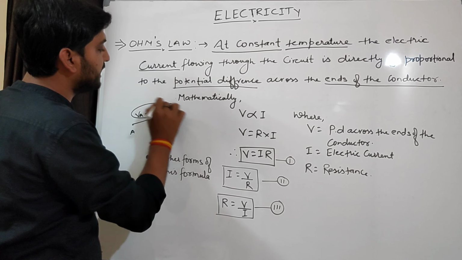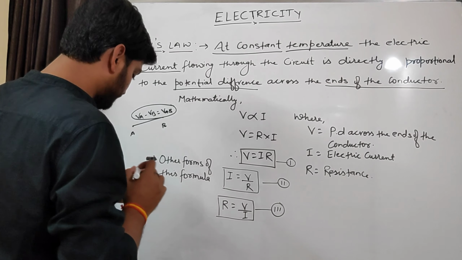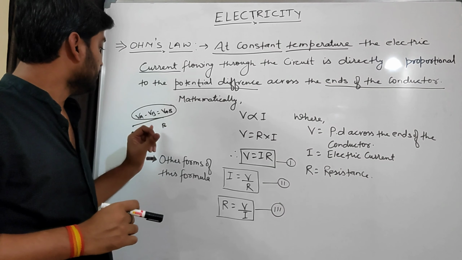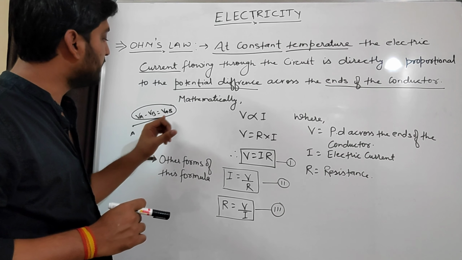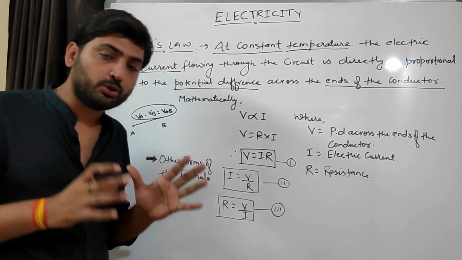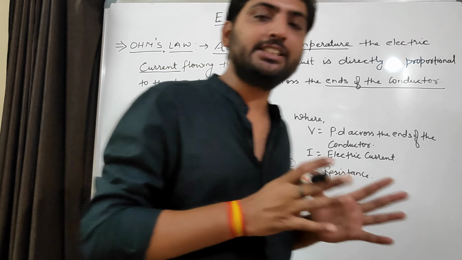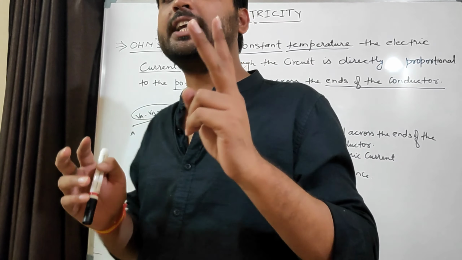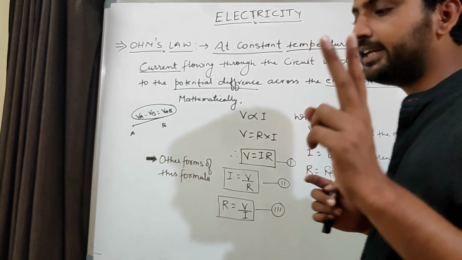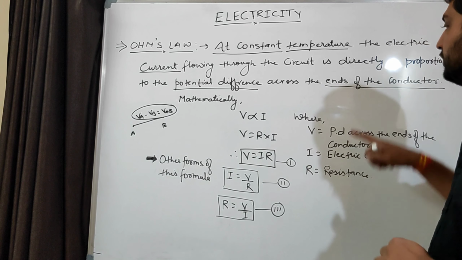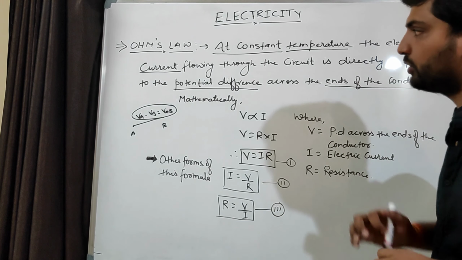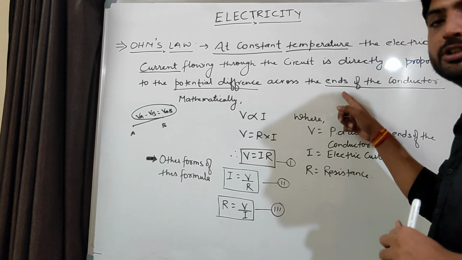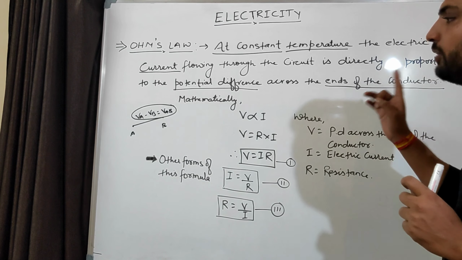I have explained this in the last lecture, so please visit that. This is the difference between the electric potential of these 2 points, which is called potential difference. So if we are taking potential difference, it must be between any 2 points of a conductor, so those 2 points are the ends of the conductor. This is also important to mention here.